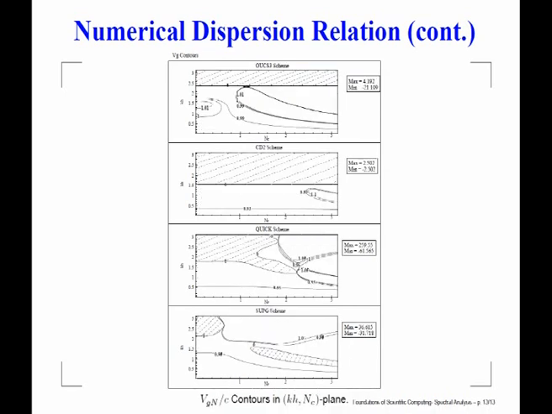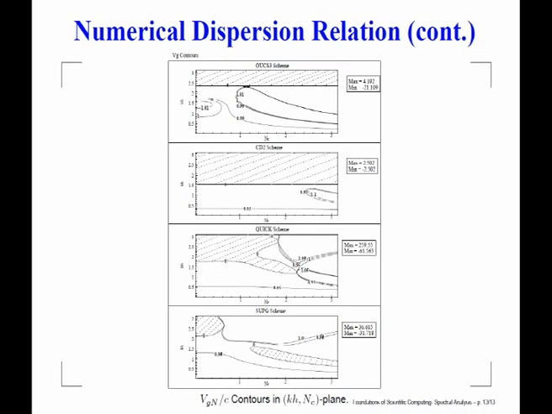You also need to know what the numerical dispersion is. We have talked about this, right, V g n by c. So, if we plot that again in the NC and KH plane, we notice some very interesting features. Let us keep our attention focused once again on this second figure, because that is what we are quite familiar with now.